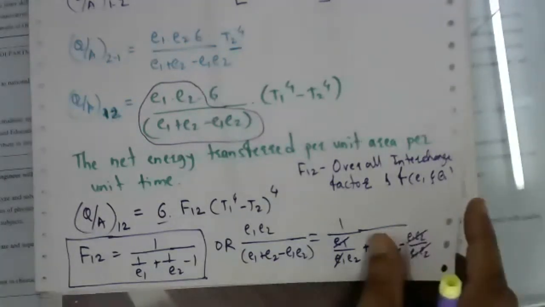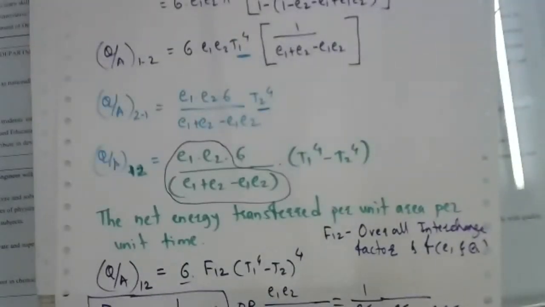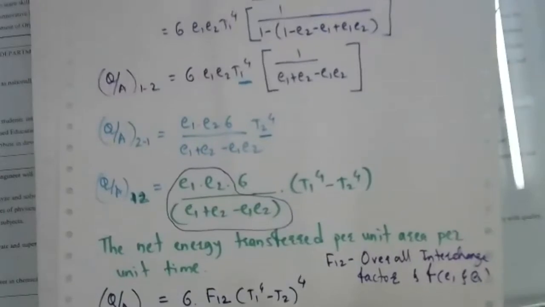Now this is the final equation where we can understand what is the net transfer of energy from surface 1 to surface 2 when there are two plates or planes there.